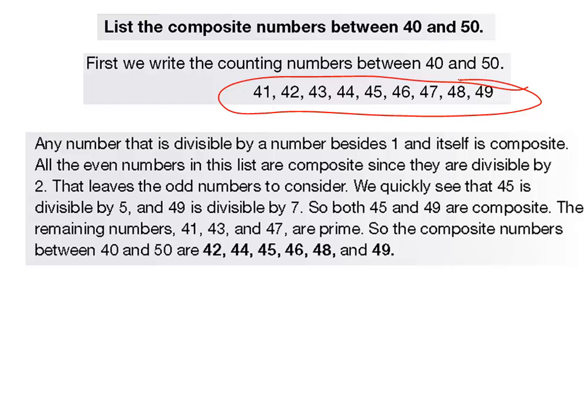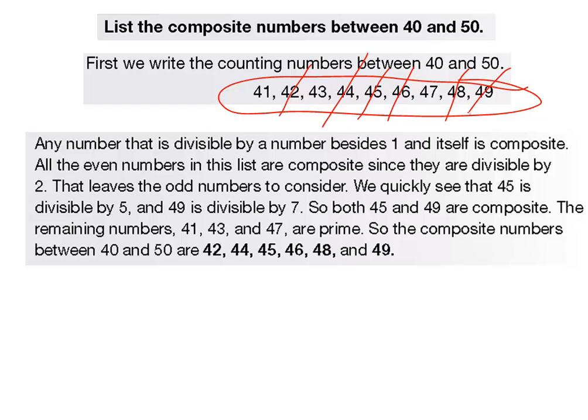So all of the even numbers in this list are composite. All right, so this is composite because it's even. It's divisible by 2. These are all composite because they're divisible by 2. So that leaves just the odd numbers to consider. We quickly know that 45 is divisible by 5, so we can take that off our list, and that 49 is divisible by 7.